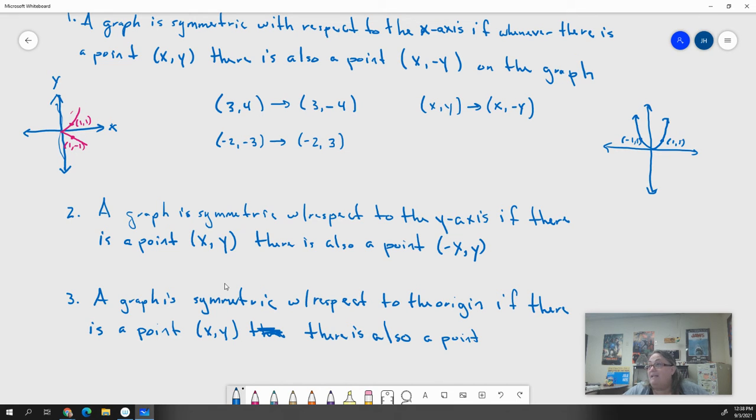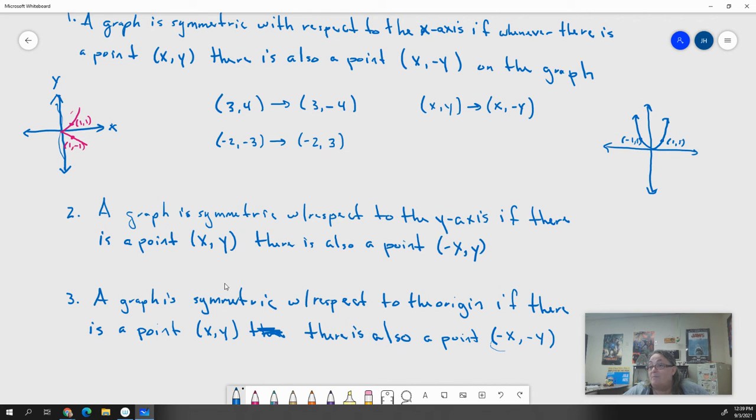One, we negated the y. The other, we negated the x. What do you suppose is going to happen with this one? Any guesses? So if there is a point (x, y), there is also a point (-x, -y).